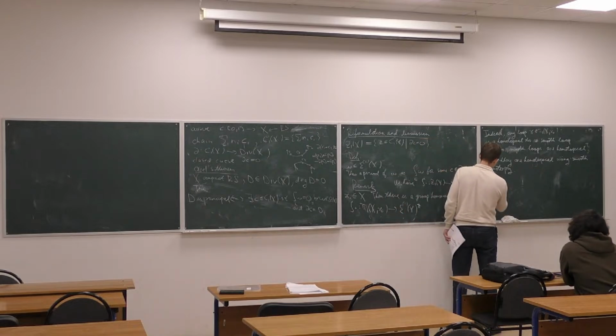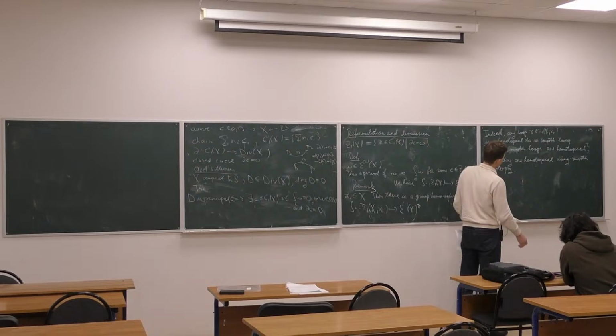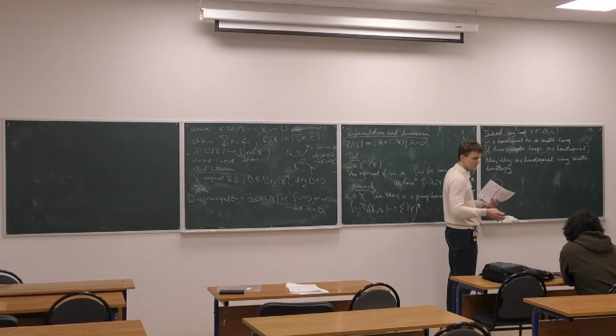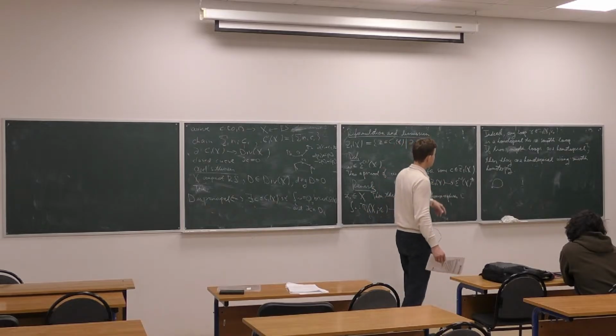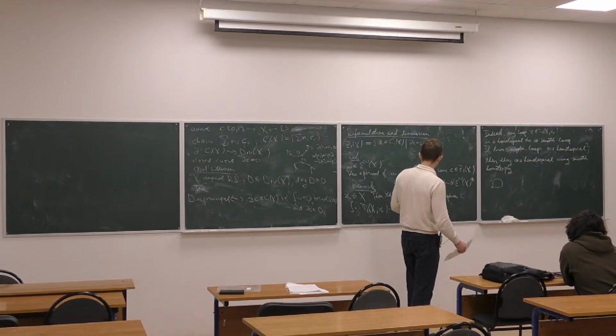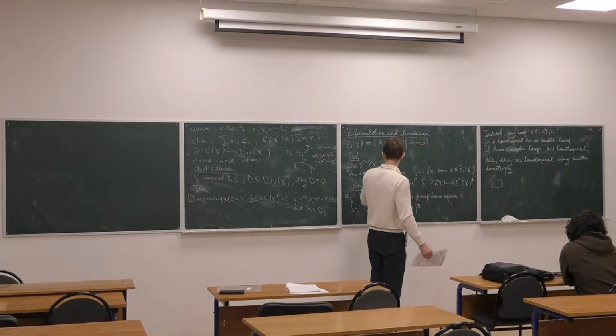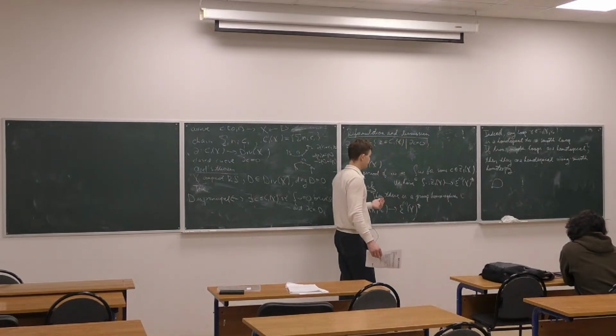So formally, your fundamental group consists of continuous loops, but there are standard theorems from analysis that you can deform your loop a little bit and make it smooth. So if you have an arbitrary loop, you can deform it, make it smooth, and then the integral is well defined.